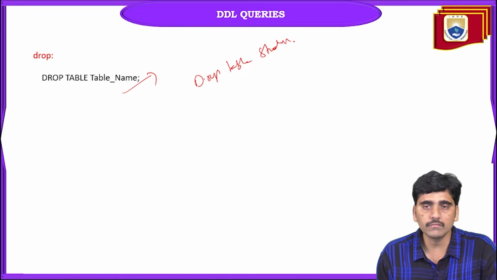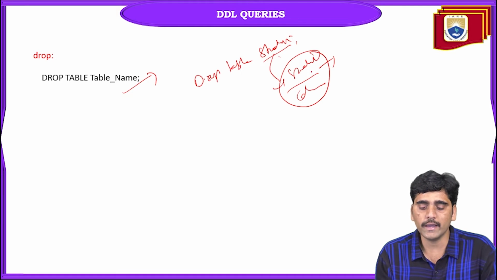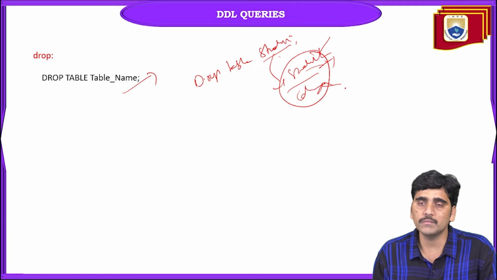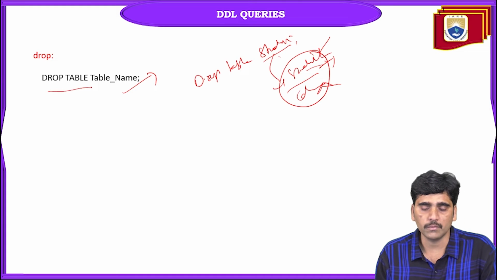Student. That means if you specify like this, the student table can have columns also, right? Those columns will be deleted as well as the student table creation is also deleted. But for truncate, the table is there, but the records will be deleted, right? So this is about drop table name.